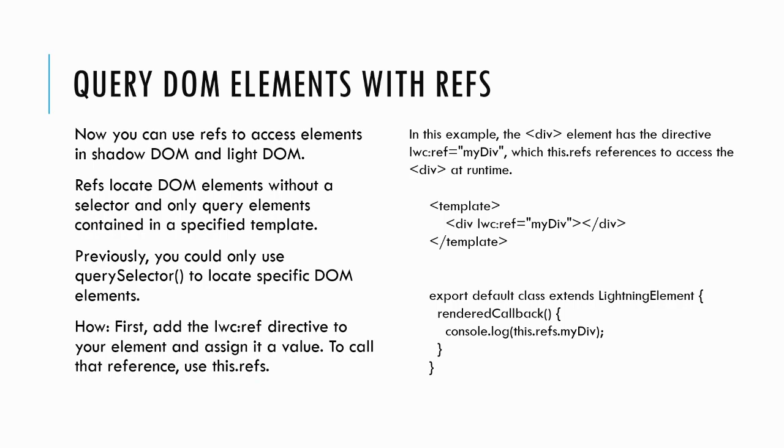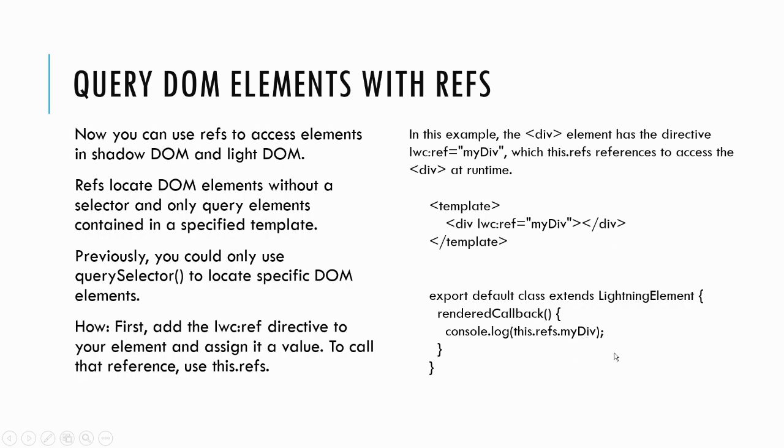So how does it work? Basically we need to add an lwc:ref directive to an element in our HTML template, assign a value, and then we can call it with the help of this.refs. Here we have one code snippet in which we have one div element with the lwc:ref given as myDiv. So the first parameter has been fulfilled: firstly we define an element with lwc:ref by assigning the value, and then we can call it like this.refs.myDiv.